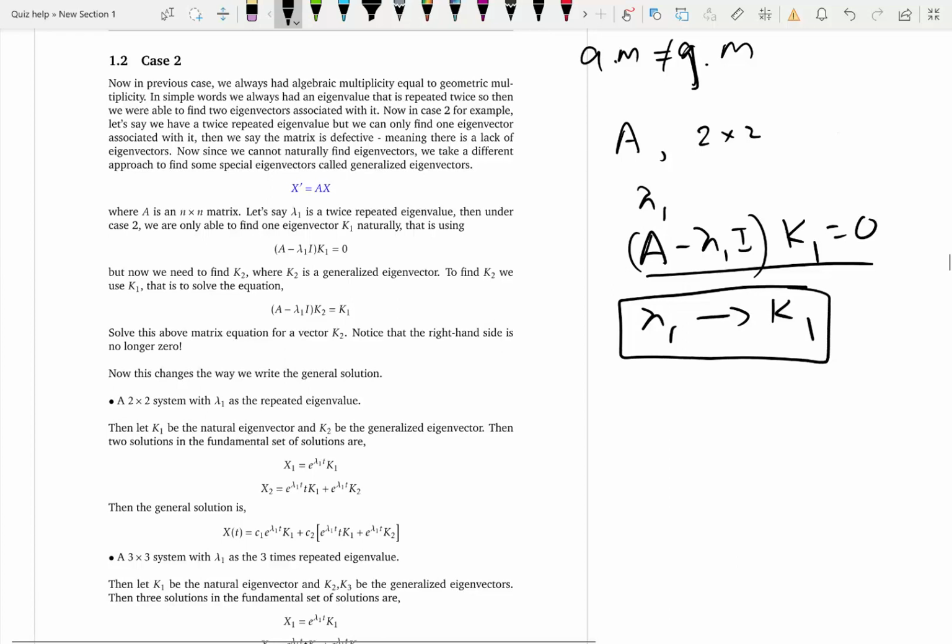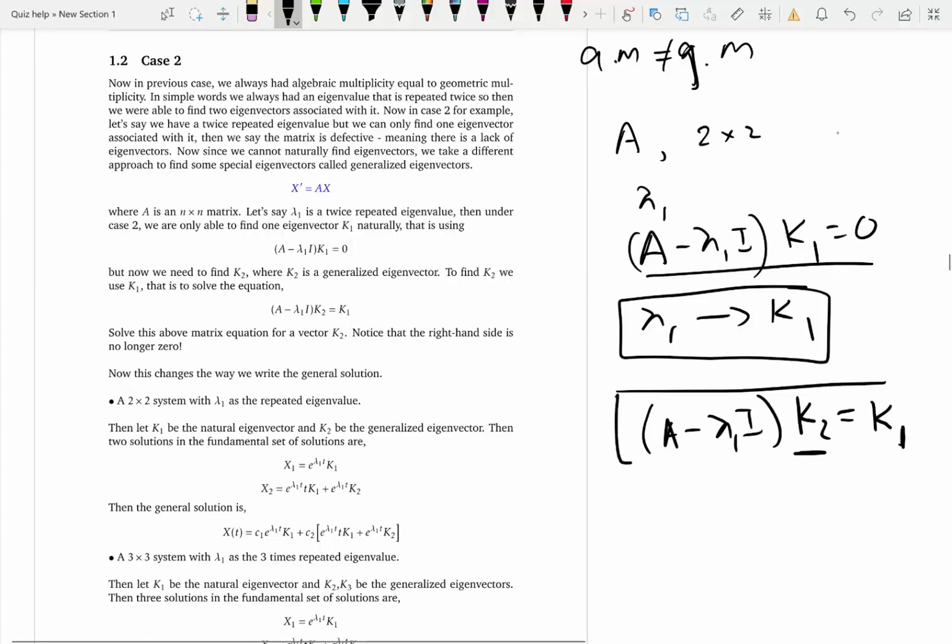So really now you should have K2, right? How do you find K2? Here's how you find K2. Now closely look at what I write, okay? You might have learned this in linear algebra. A minus lambda 1 I, we solve another equation. We need to find K2. We solve for capital K2, but our right hand side now is not 0, it is K1.